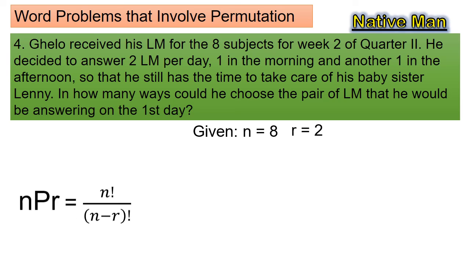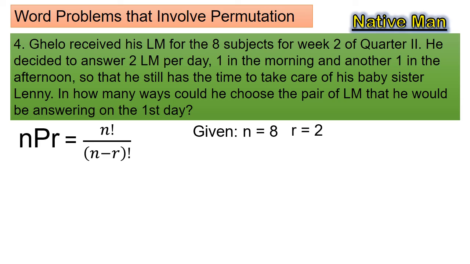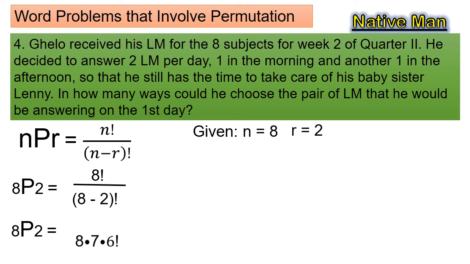Okay, sa regular permutation, nPr is equal to n factorial over n minus r factorial. So, sasubstitute lang po natin yung given. 8P2, n is 8, r is 2. So, n is 8 factorial over n minus r, which is 8 minus 2 factorial. Simplify lang po natin yan. Madali lang po yan. 8 factorial is 8 times 7 times 6 factorial. Bakit po ako nag-end sa 6 factorial?